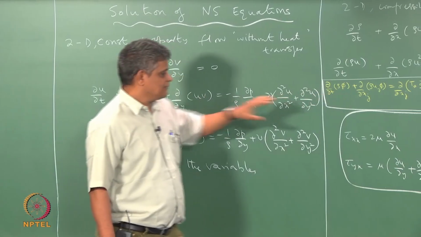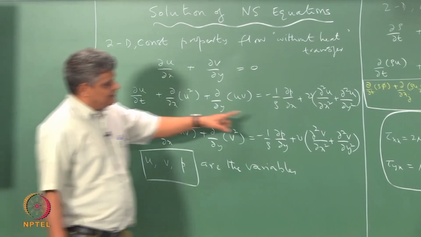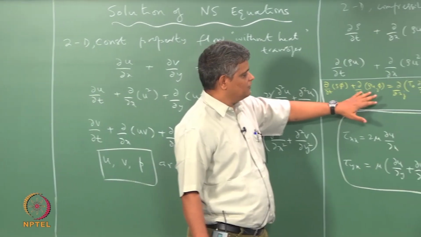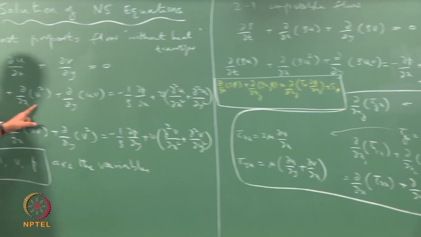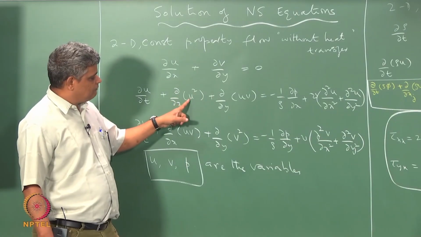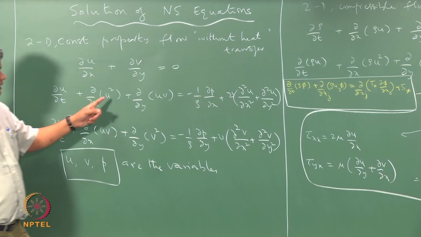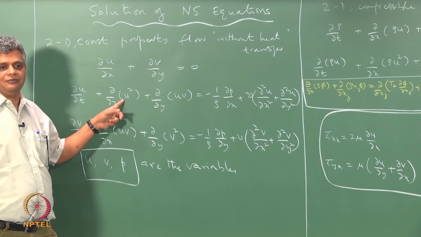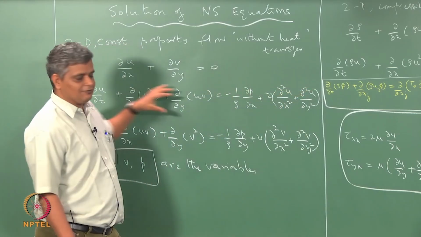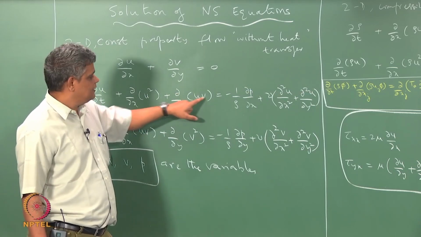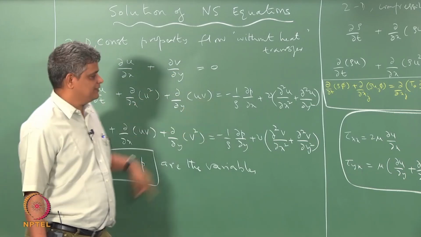So, this looks like this, but it is not quite the same here, because in a way we are looking at some kind of linearized thing, and velocity here is known and φ is the variable here. Here when you look at ∂/∂x of u², one u corresponds to this u here and the other u corresponds to φ. Okay. So, there is φ, but the u is not known. Similarly, when you come to this u here, it corresponds to the φ, the variable that this equation is being solved for, and this v here is not known, and it is not known from this equation, it is not known from this equation here. Okay.